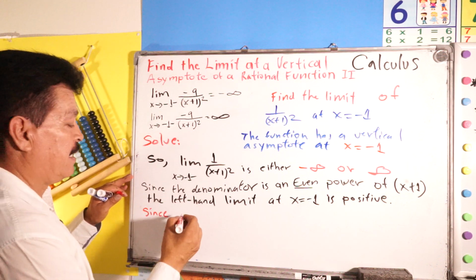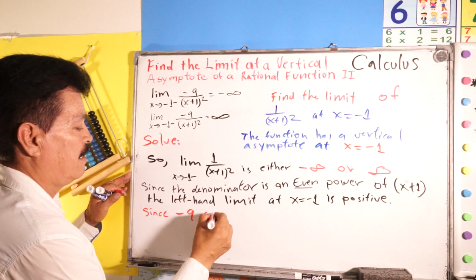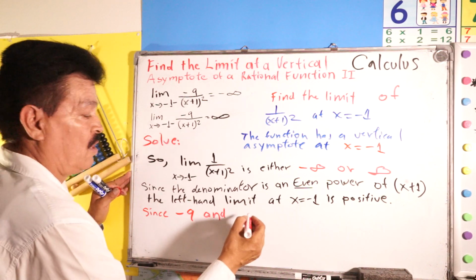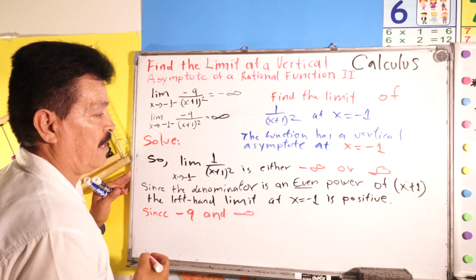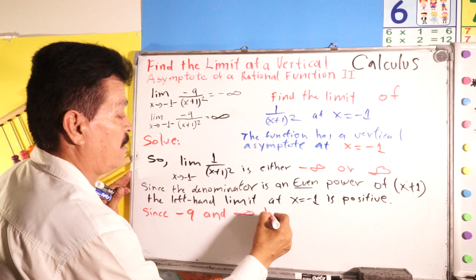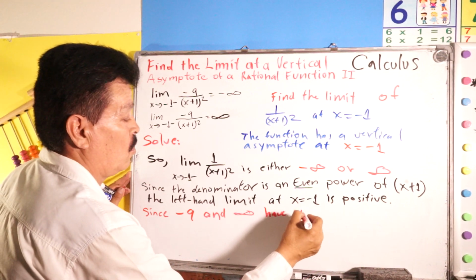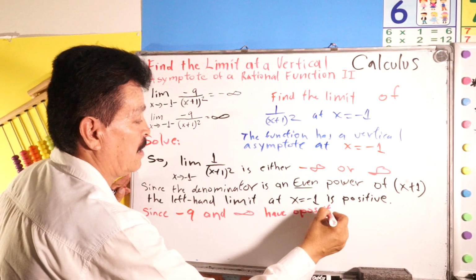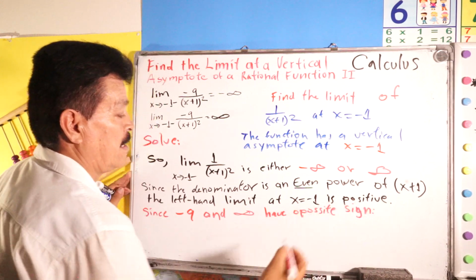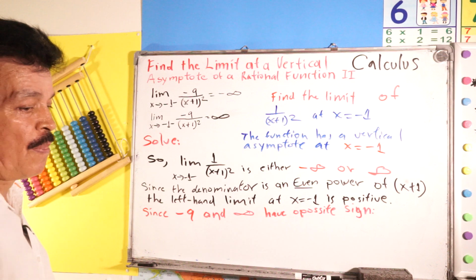So now, since here we have negative 9 and what is the other? And positive infinity has a positive sign.